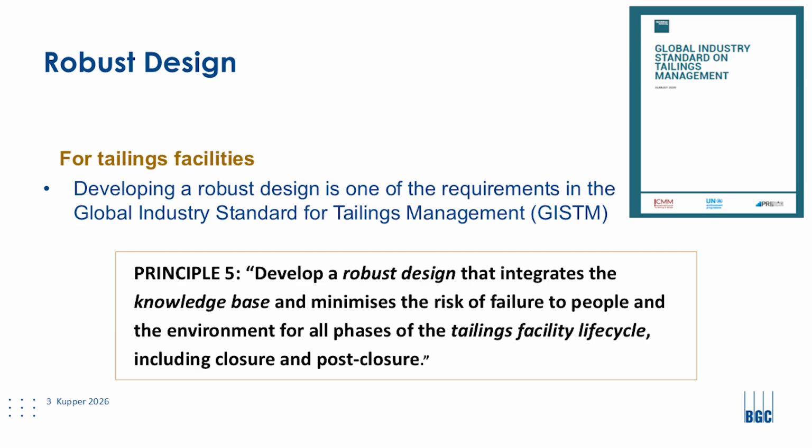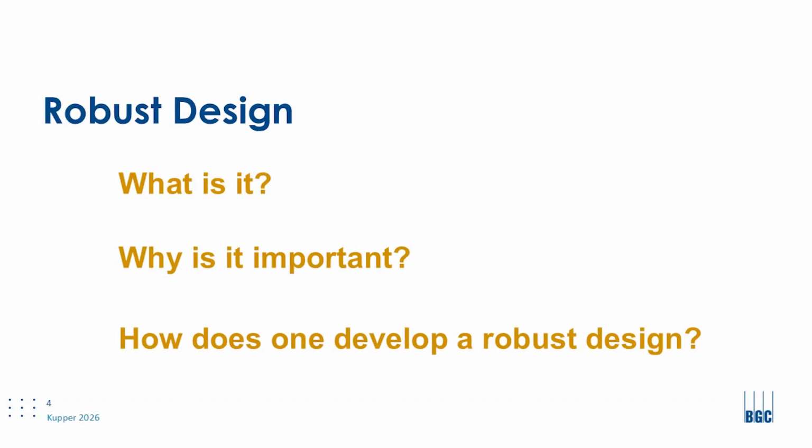It was in the GISTM, but obviously that definition also applies to everything else that we do. Since then, I've been asked several times, what is a robust design? That's what we're going to do today. It will be an attempt to answer these questions and start a discussion on what is required to develop a robust design.